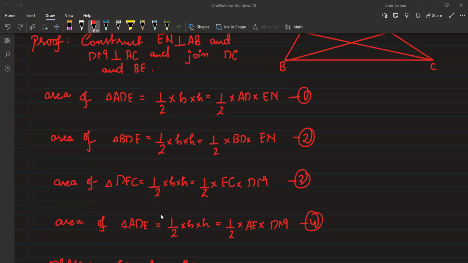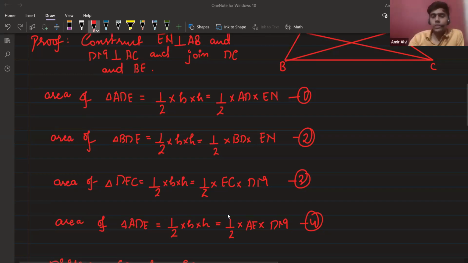Then Adil, yes. So that's the theorem of the BPT. Short form is BPT. Okay, that's great.